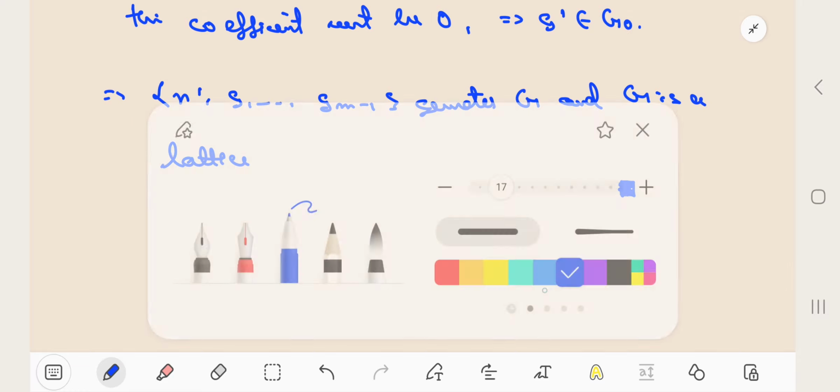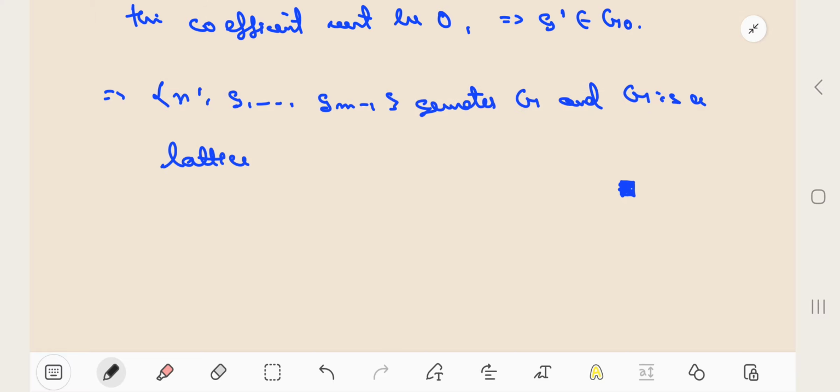Now this collection T which we talked about has a fine name, and it is quite a useful thing to talk about.